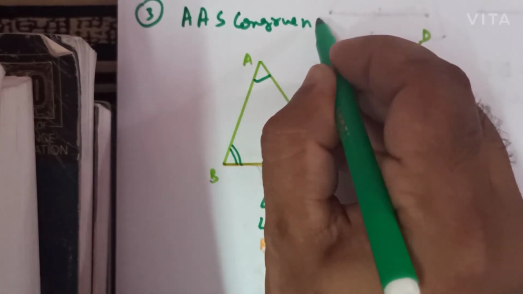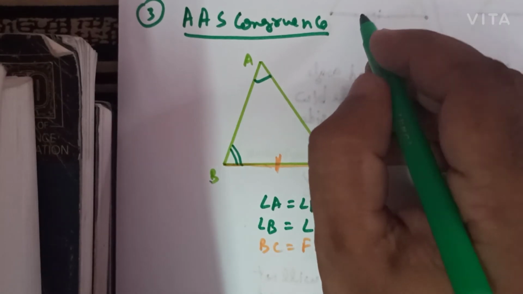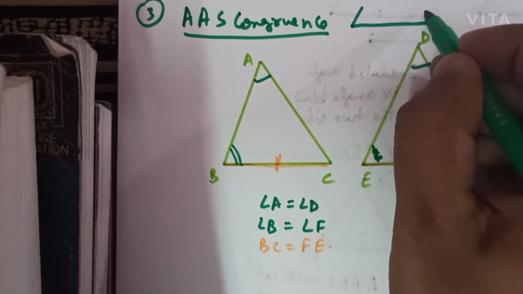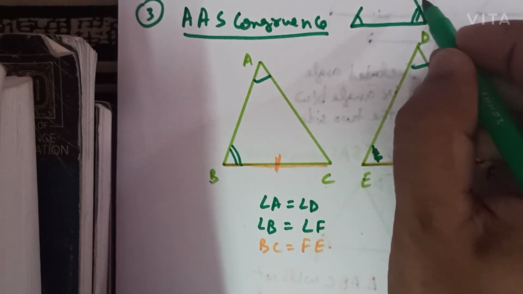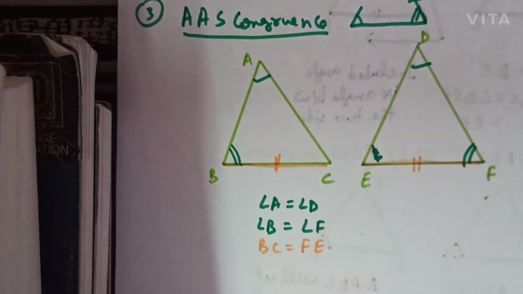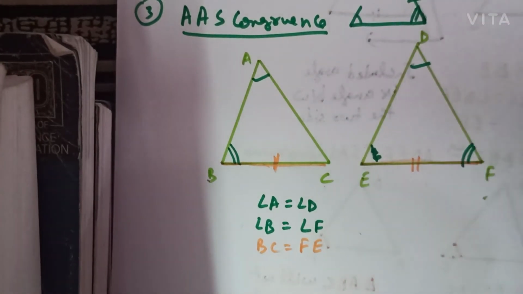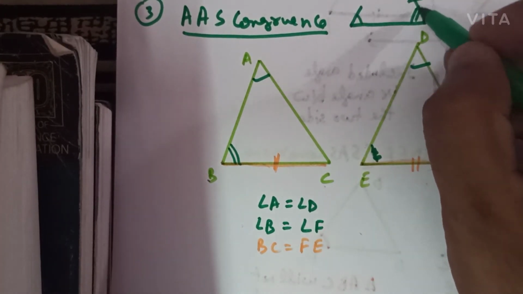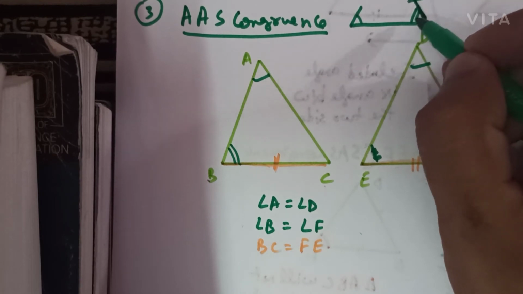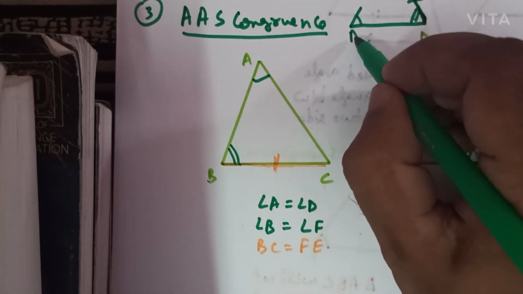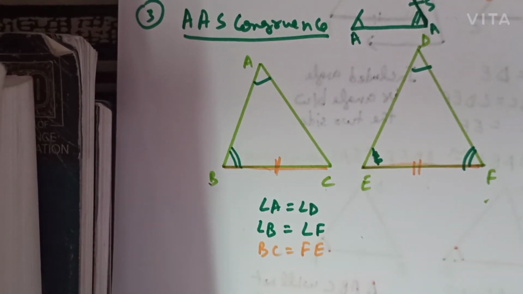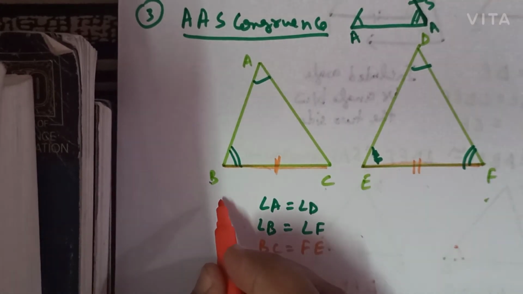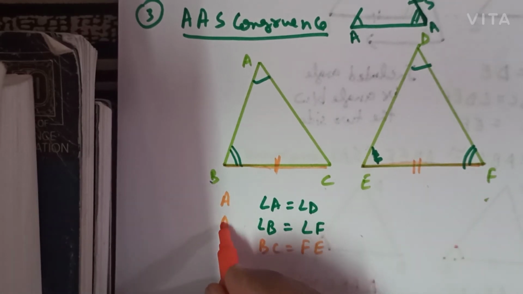Angle angle side congruence states that if we are having two angles equal and the side which is not the included side is equal, it is angle angle side. So by angle angle side congruence, these two triangles will be congruent.